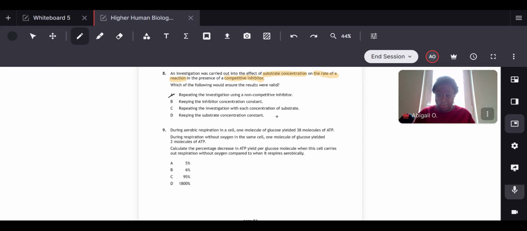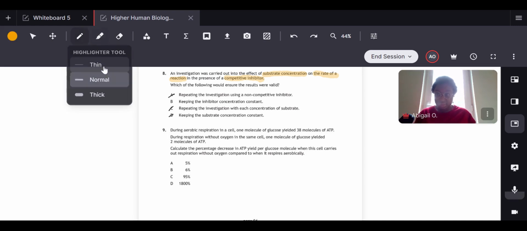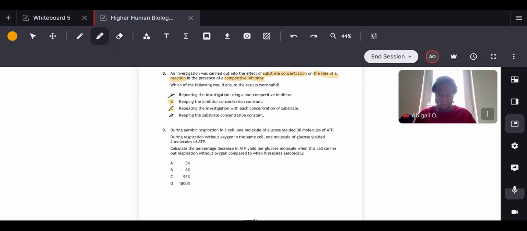But that's kind of what we're trying to do anyway. That's not going to change the validity of the results. That's just the experiment that we're doing. It's what we're planning to do. We're planning to change the substrate concentration, but it's not going to ensure the results are valid. And D, keeping the substrate concentration constant. Well, that's not what we're trying to study. We're trying to study the effect of that changing substrate concentration on the rate of the reaction. So that means the answer is going to be B.